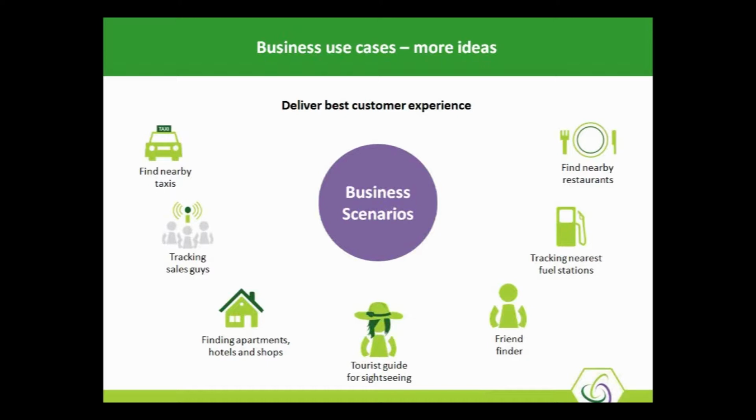But the innovation is out there, and innovation is with you. So you can think of different application ideas using location-based services, because it's a really cool feature that is available with the telecom operators, and now it's in your hand. So you can create really good applications with location-based services.